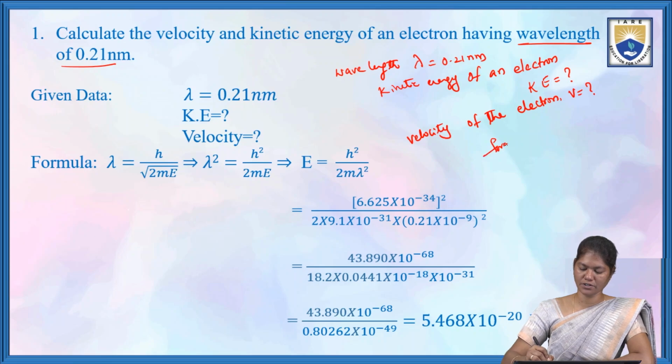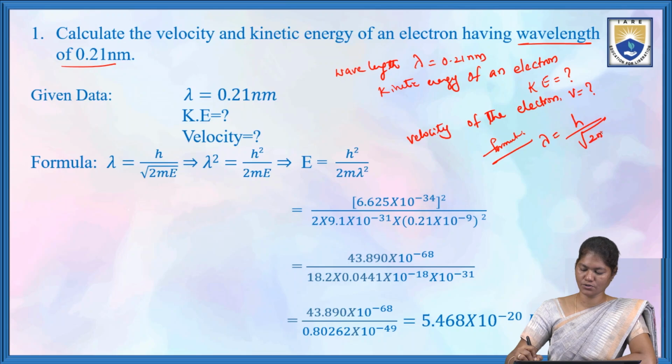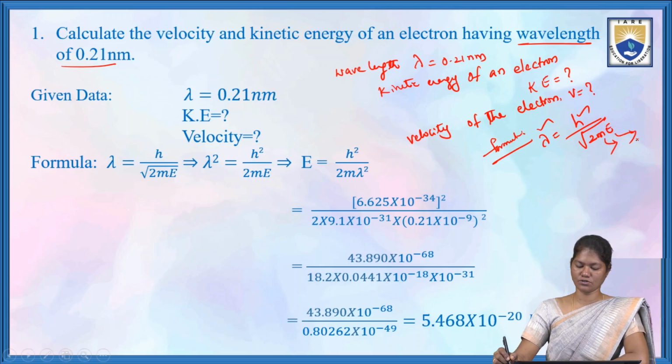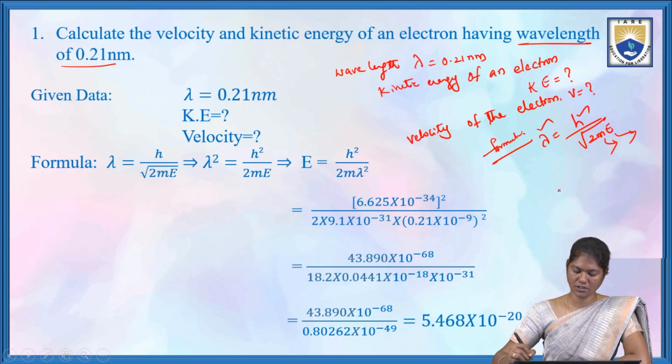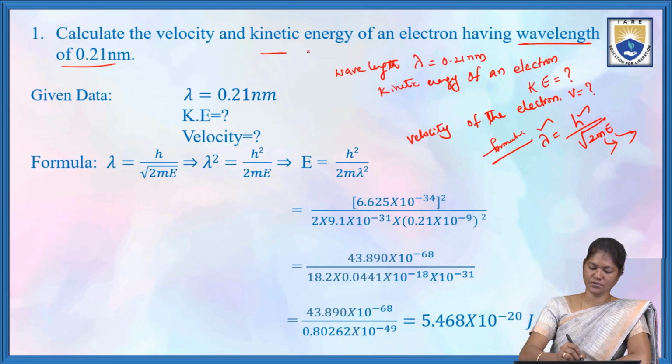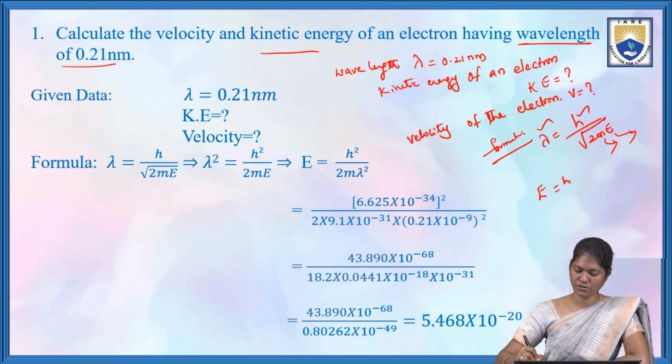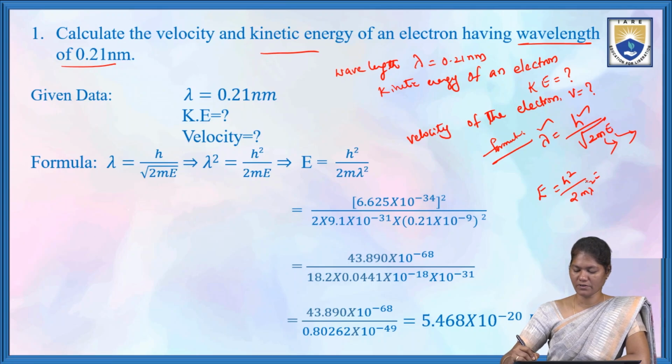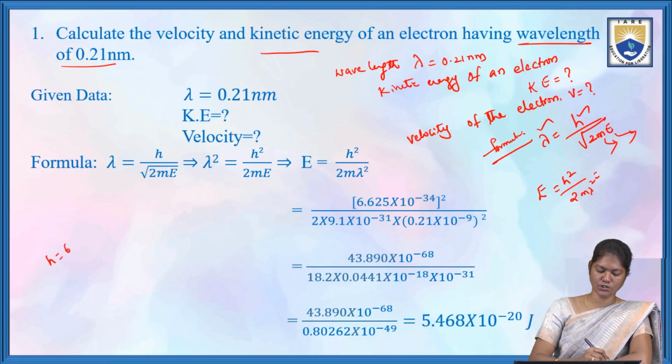The formula which we are going to use is lambda equals h by root 2mE. Here h is Planck's constant, m is the mass of the electron, and E is the energy. From this, we have to calculate the energy. So E is equal to h square by 2m lambda square. Substituting the values, where h is 6.625 into 10 power minus 34 joule second.